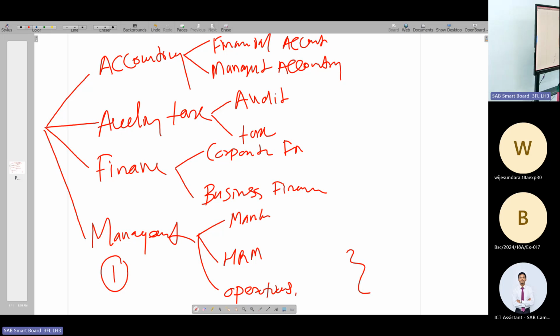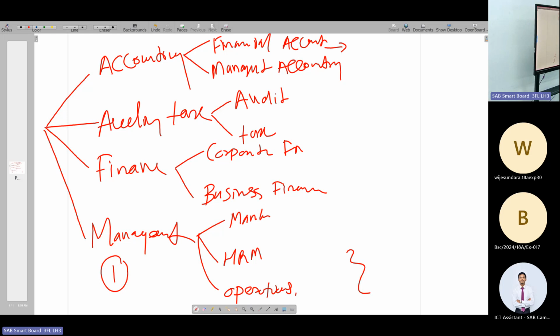Third one, again, you need to divide the second area into sub areas. In financial accounting, tell me, now you refer to the trending concepts. What may be the trending concepts? Or else, what are the subcomponents identified under financial accounting? You all have corporate reporting.